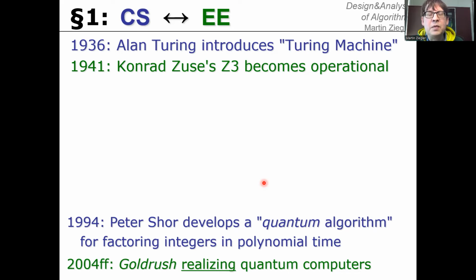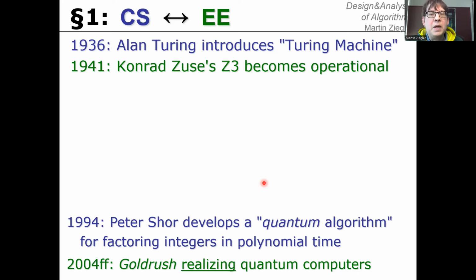So the question of quantum supremacy is still under discussion, but definitely engineers only started to try to build these quantum computers because of Peter Shor's theoretical development. So again, first there was computer science, and then electrical engineering followed up.